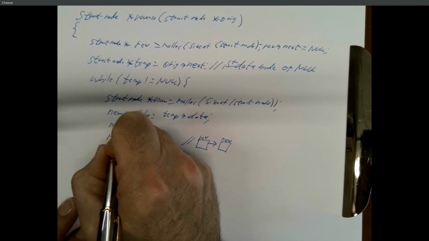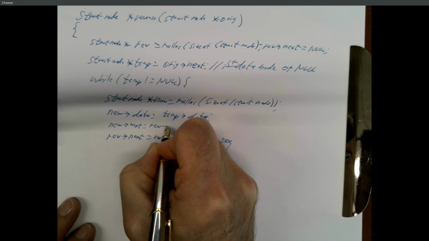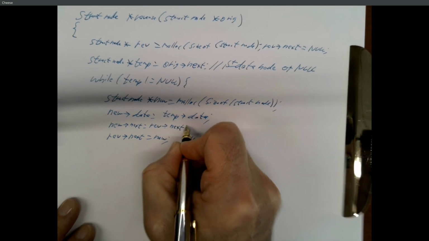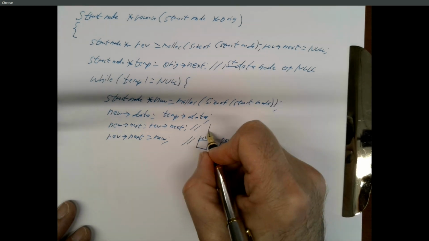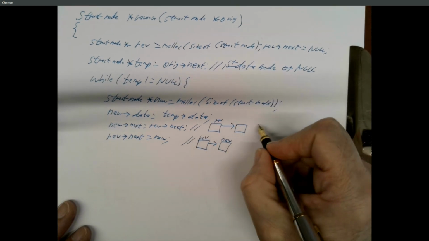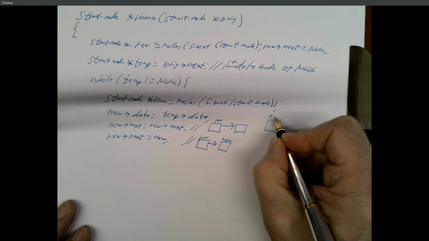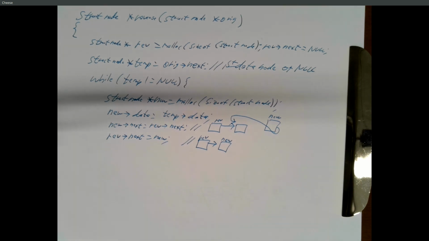Let's have new next equal reverse next. So our new node's pointing to the thing that comes after the Sentinel.